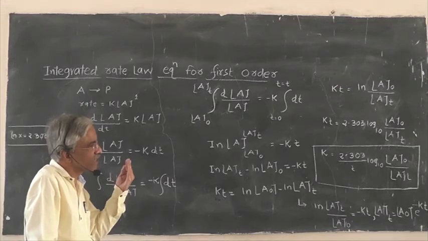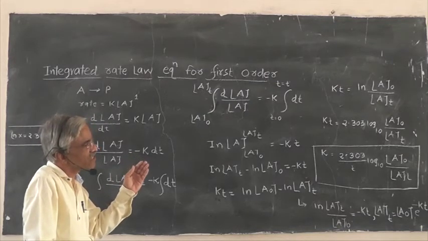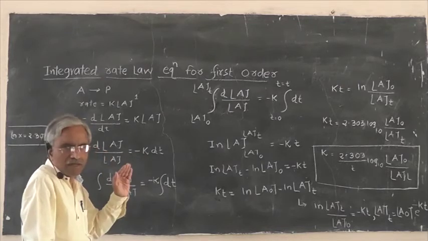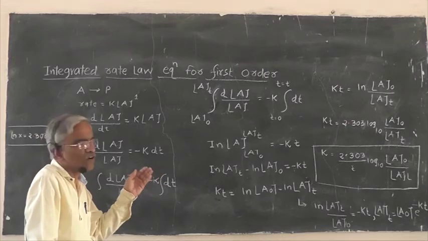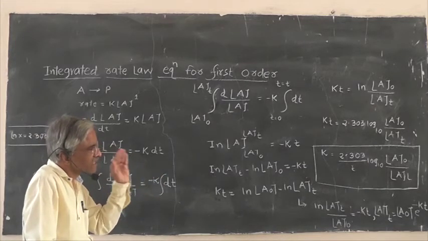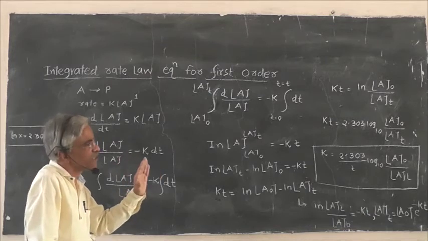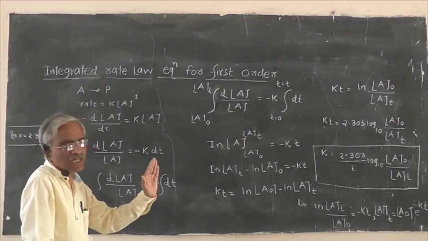Or, if k is known, then we can calculate the concentration at that time, or we can also calculate the time required for the reaction to be completed. So we can also calculate the time required for that process.